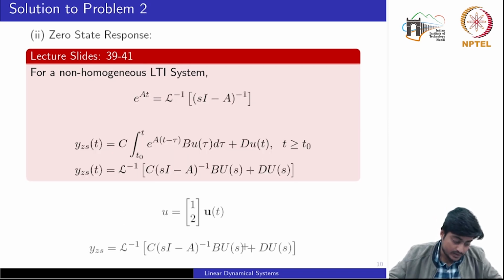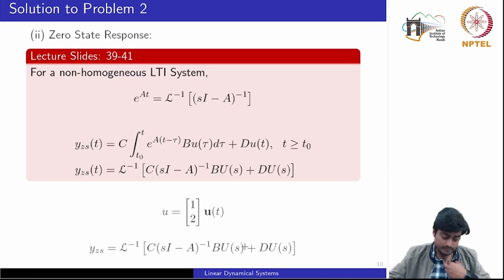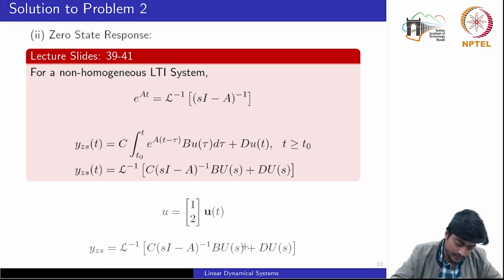For computing the zero state response, you can refer to slides 39 to 41, where we considered a non-homogeneous LTI system. Here we have shown explicitly how you can compute this exponential matrix by using Laplace transforms.